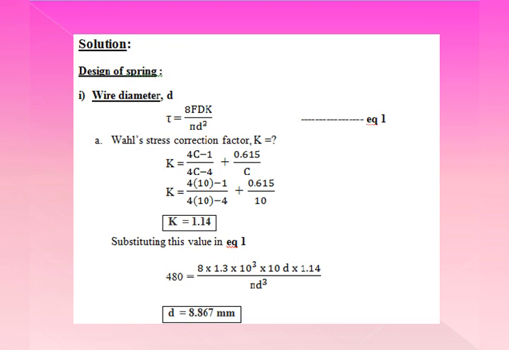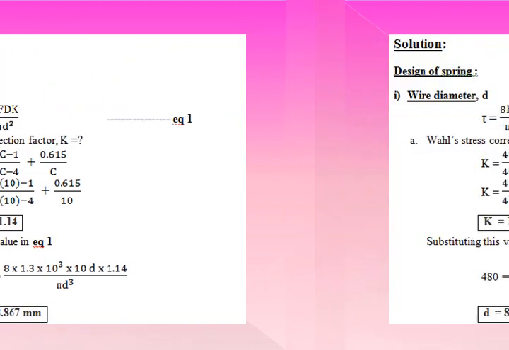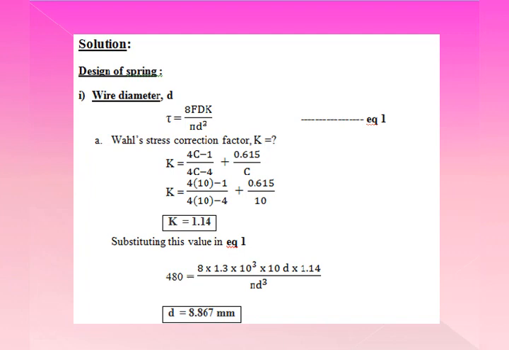We are getting 480 is equal to 8 into 1.3 into 10 to the 3. Here please make sure, we took F is equal to F2, the maximum load, 1.3 into 10 raised to 3, into 10D into 1.14 divided by pi d cube. So the value of diameter d we are getting is 8.867.